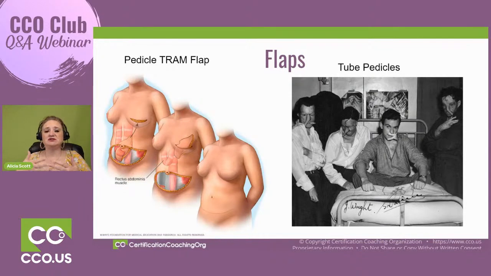There are also images where flaps are attached from the hand to the chest, because they're going to replace the skin on the hand. They've done that with other body parts, where they attach a body part to you, and you have to wait so long with that attached until the blood flow is viable. It's amazing what they can do.